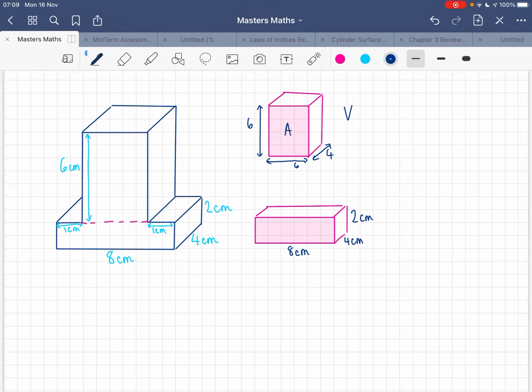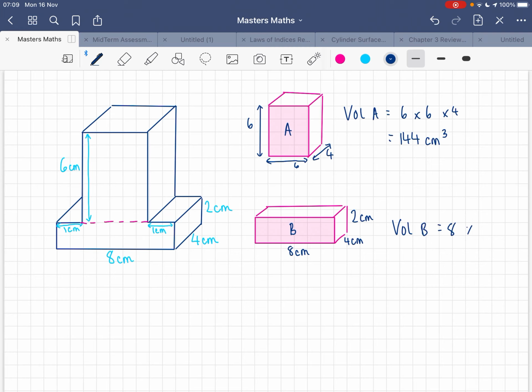So the volume of this one, if I call this A and this B, the volume of A is 6 times 6 times 4, which is, I'm just going to do it on my calculator for quickness, 144, and that is centimeters cubed because it is volume.